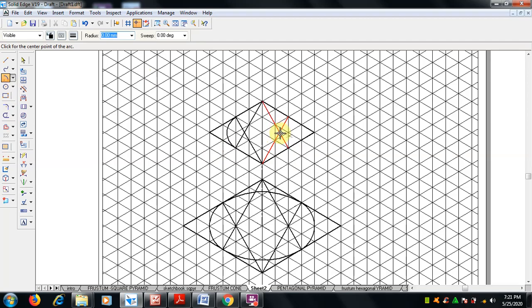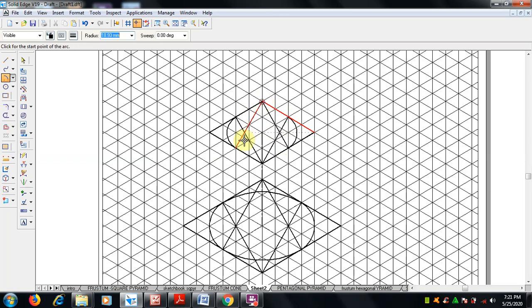Intersection point, this is the radius of this circle. Sometimes it will come. So radius, draw the arc and complete.